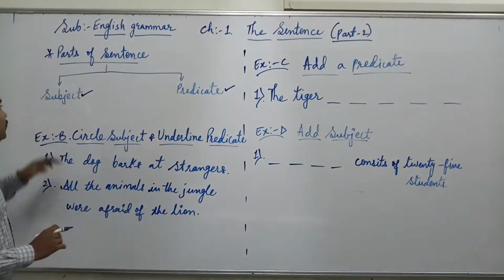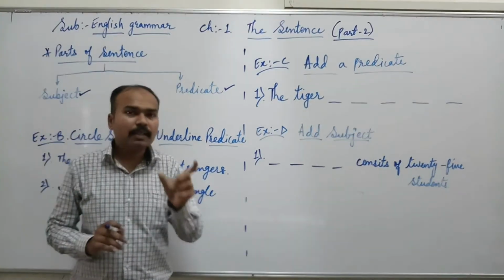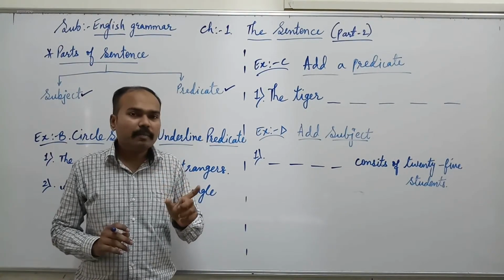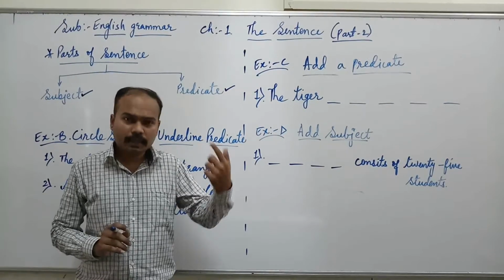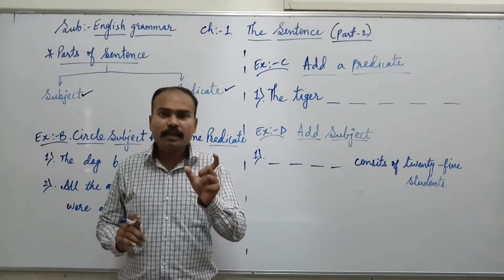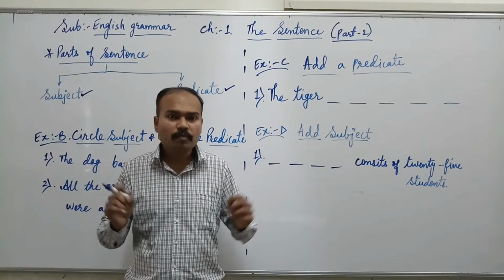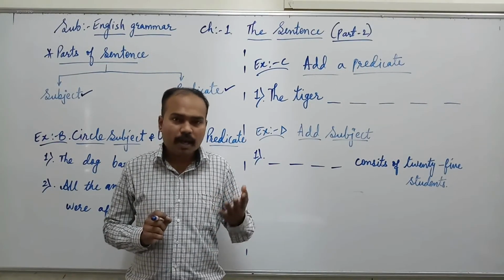Next thing, subject includes either a noun or a pronoun. Next thing, subject may be a single word or it may be a group of words, like a noun clause or a noun phrase.